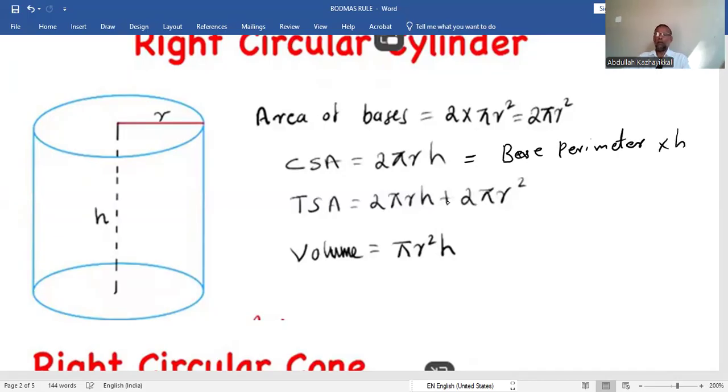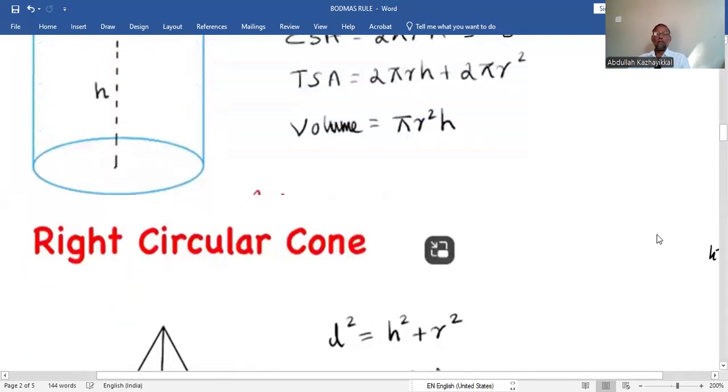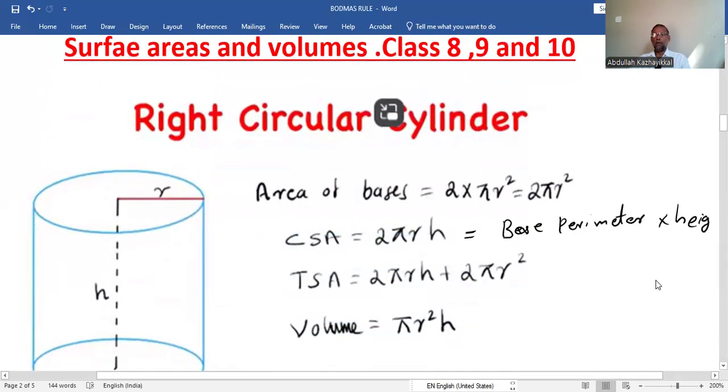Am I right or not? Yes, base perimeter into height. The base is a circle, and 2 pi r is the perimeter, the circumference of the circle, into height.